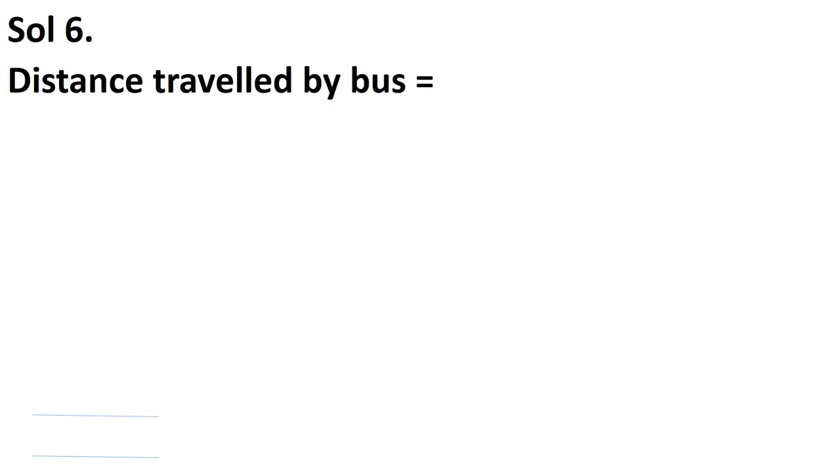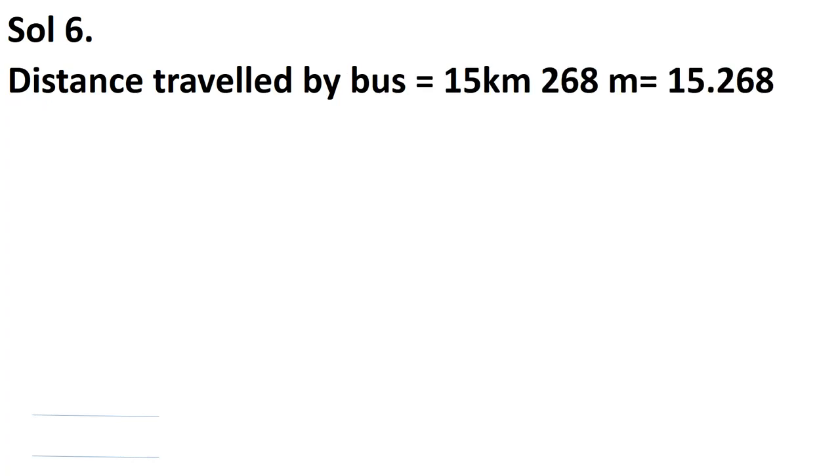Next is question number 6. Sunita travelled 15 kilometer 268 meter by bus, 7 kilometer 7 meter by car and 500 meter on foot in order to reach her school.